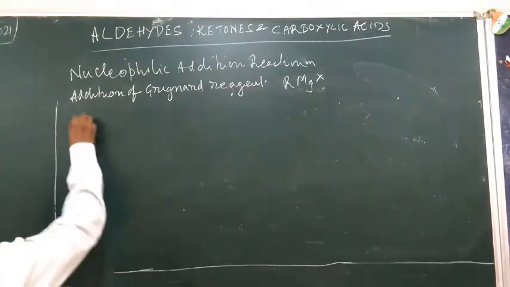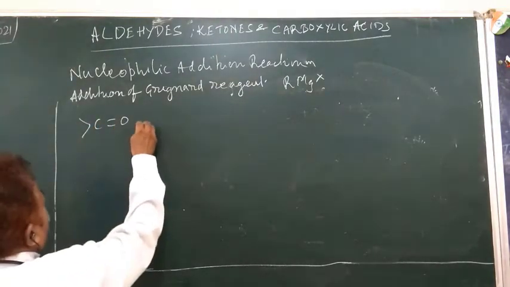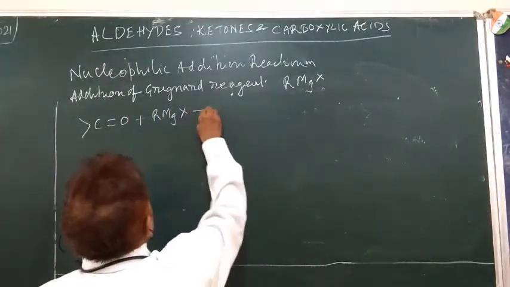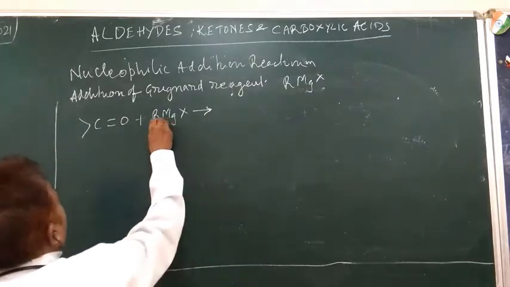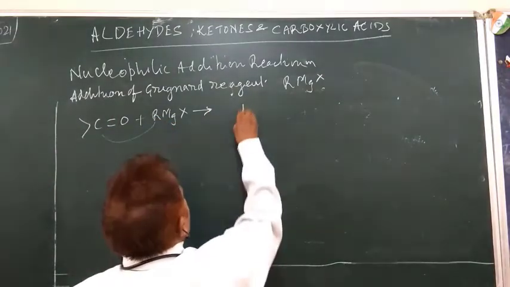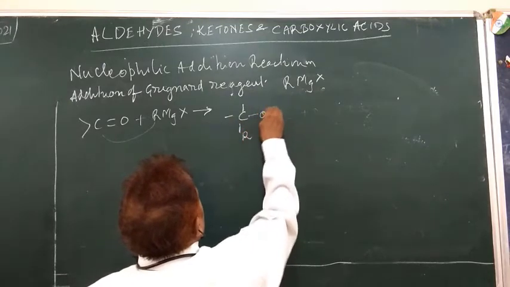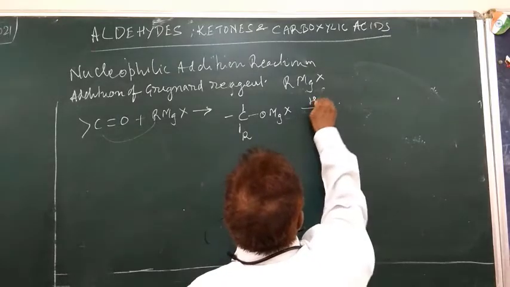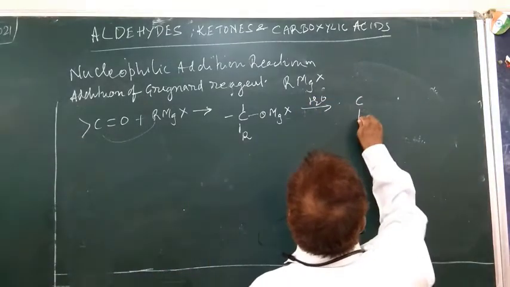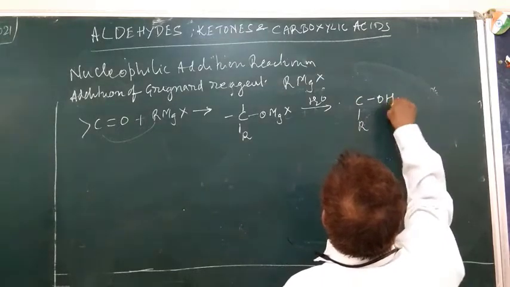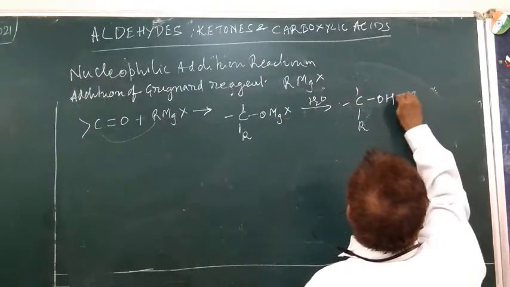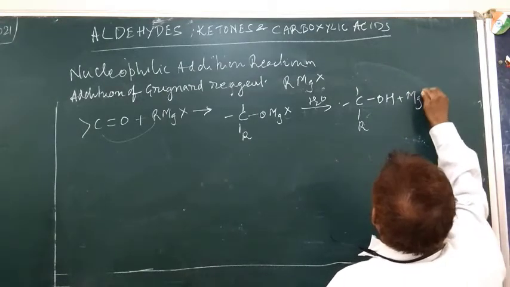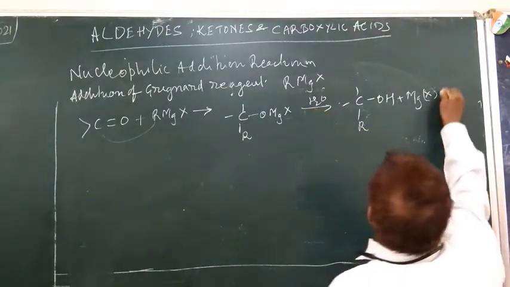So, carbonyl compound plus RMgX, we get this alkyl group added, giving C(R)OMgX. This, on treatment with water, gives R-C-OH plus Mg(X)OH.